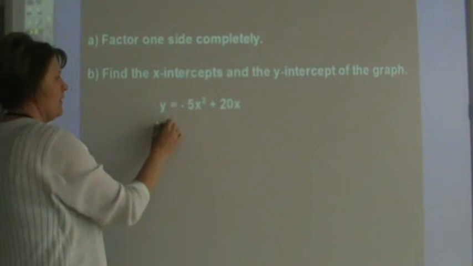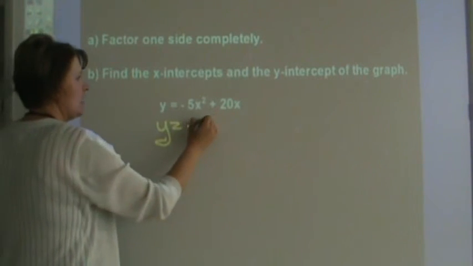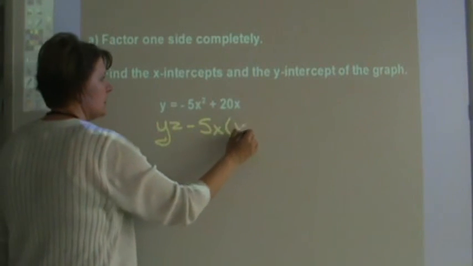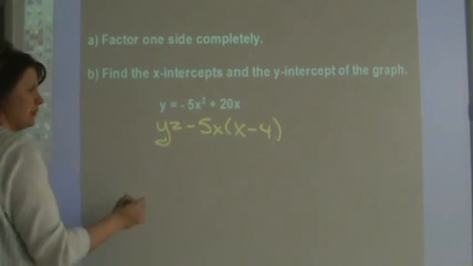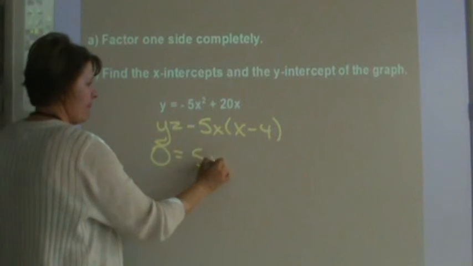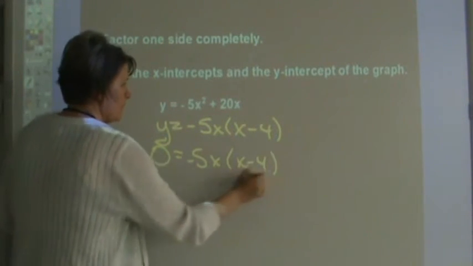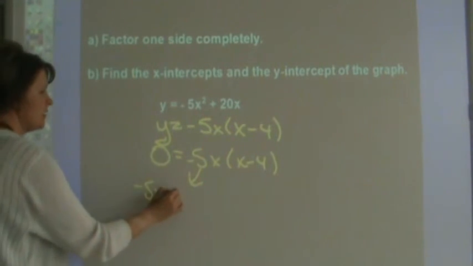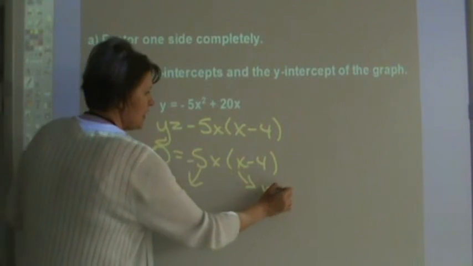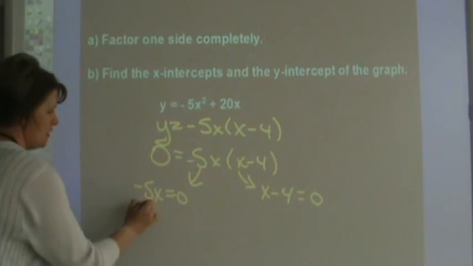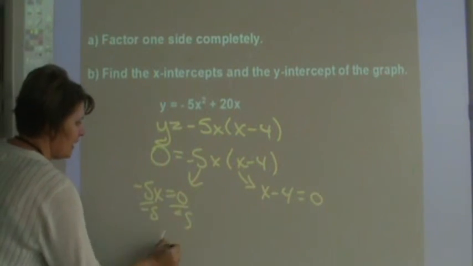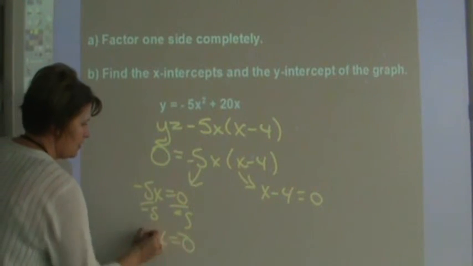Let's do this one. A little tougher factoring. So you got negative 5x times x minus 4. Split it. Okay, so either negative 5x equals 0 or x minus 4 equals 0. Divide by negative 5, divide by negative 5, so I get x equals 0.